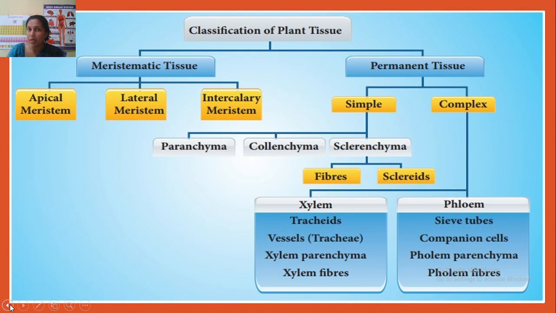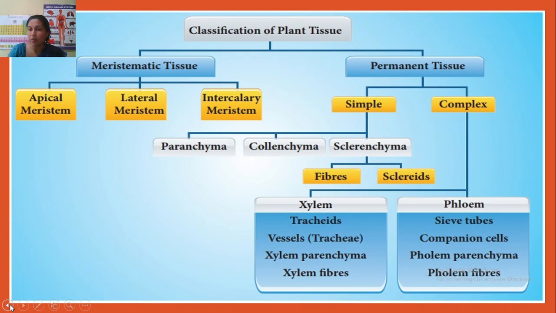So you should be able to identify clearly how the parenchyma tissue is going to be, what their prominent features are, and the collenchyma and the sclerenchyma. Then we talk about the complex permanent tissues. They contain more than one type of cells.